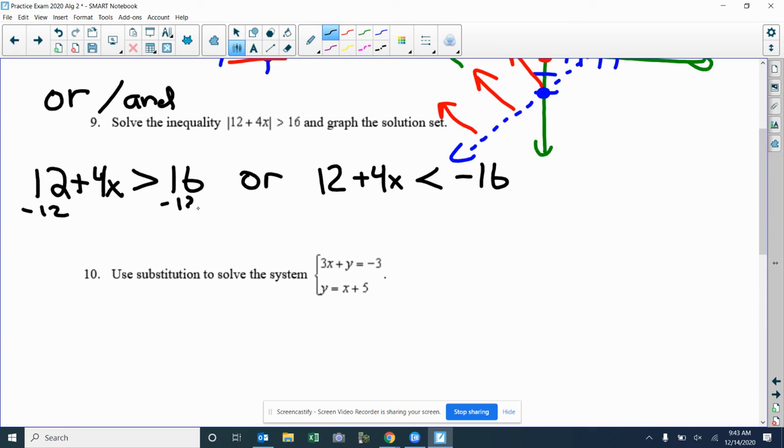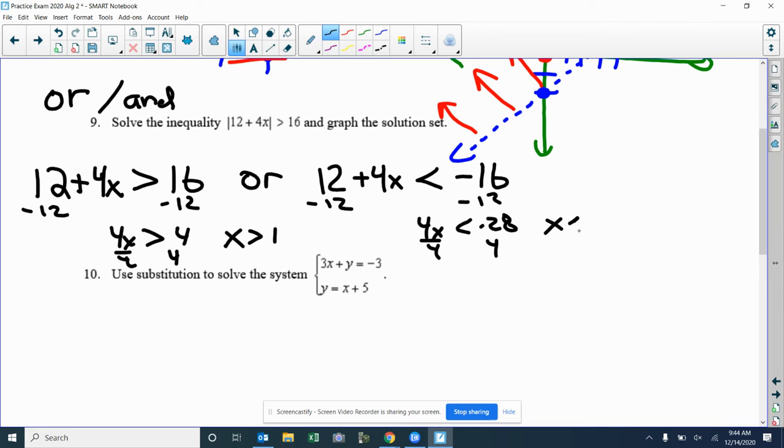Minus 12, 4x greater than 4, divide by 4. This one is x greater than 1. Then -12, we're going to get 4x less than -28, divide by 4.